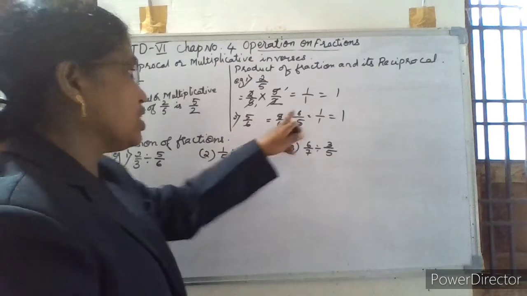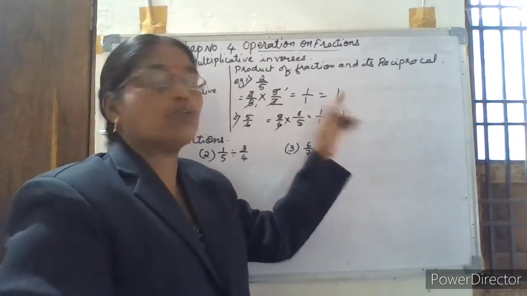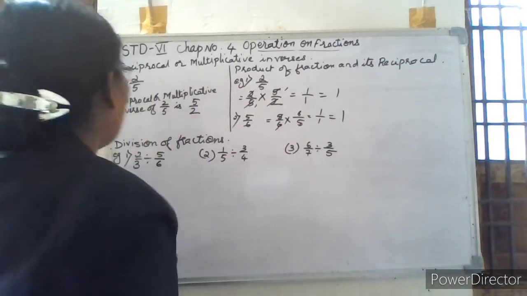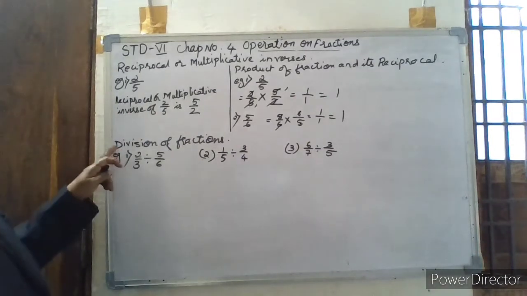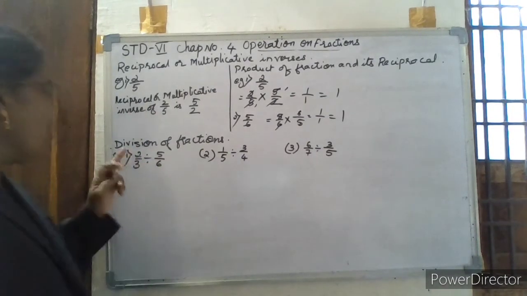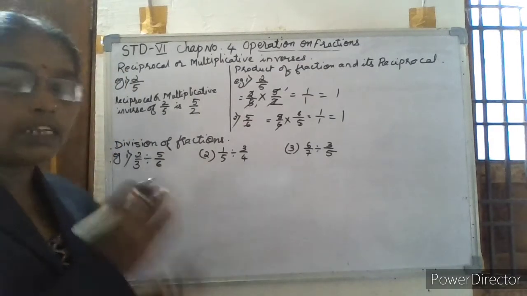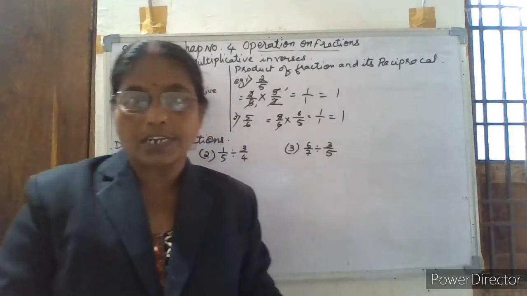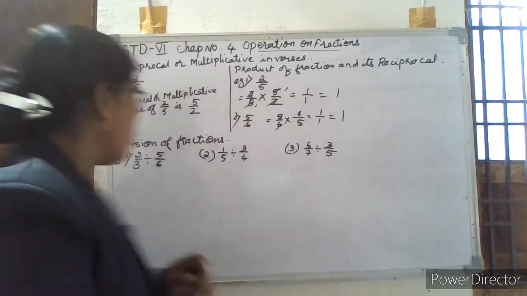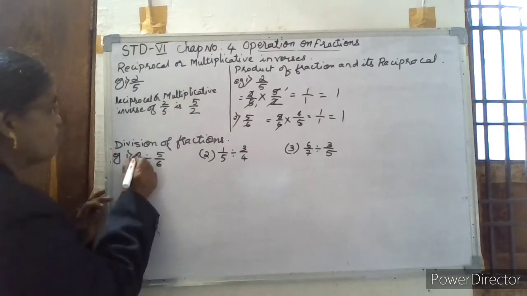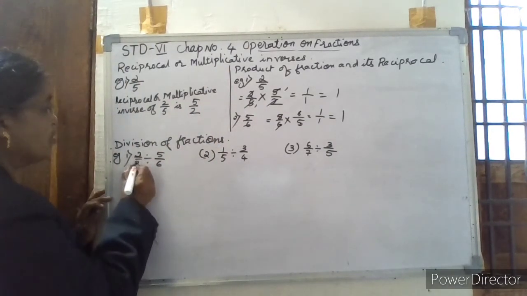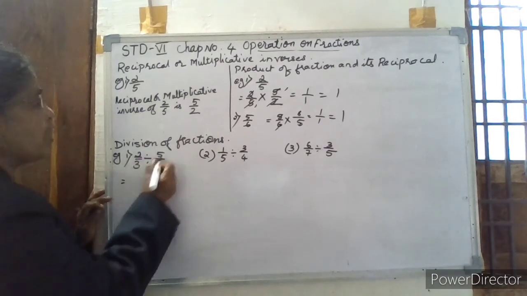Now we'll go with the next topic, division of fractions. Division of fractions cannot be done directly. We have to take the reciprocal of the second fraction and multiply. So here, 2/3 divided by 5/6. You take 2/3 as it is.